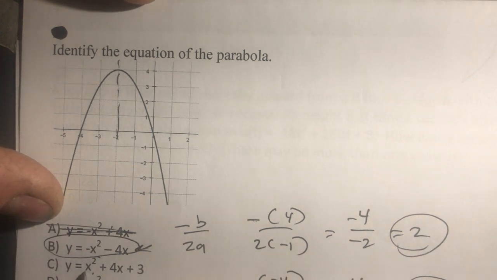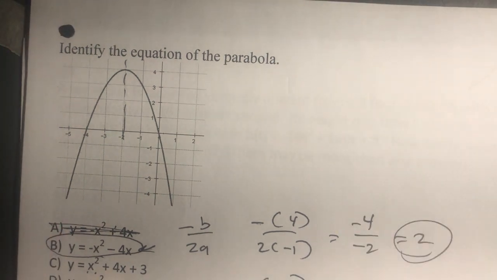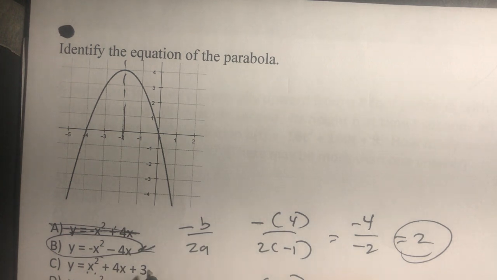Let's see here. Negative b over 2a. So that's negative 4 over 2, which is negative 2. So this one could be right. And on this one, negative b over 2 times a.